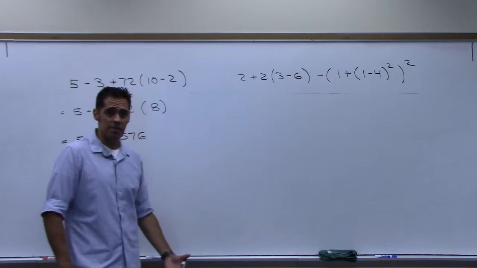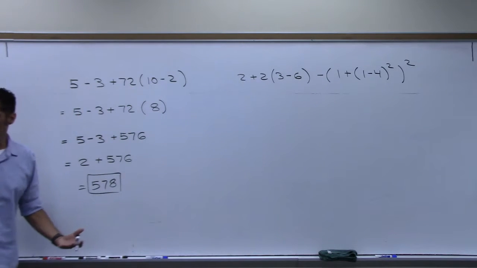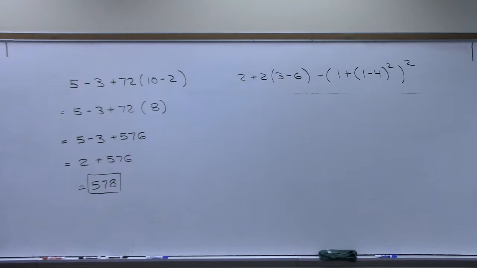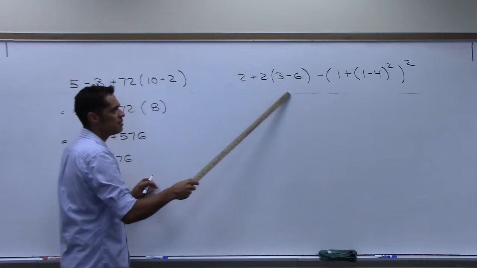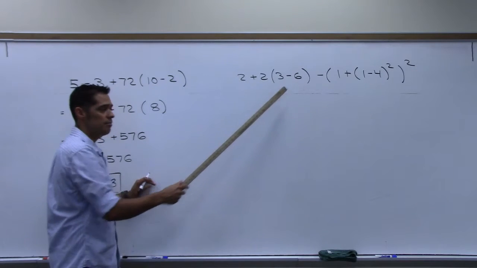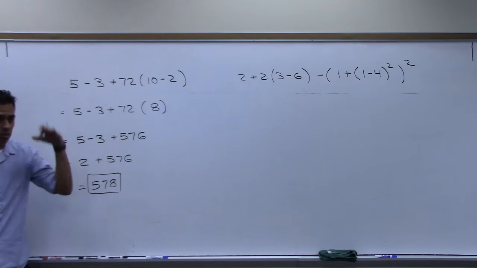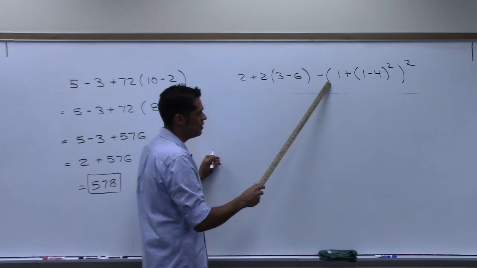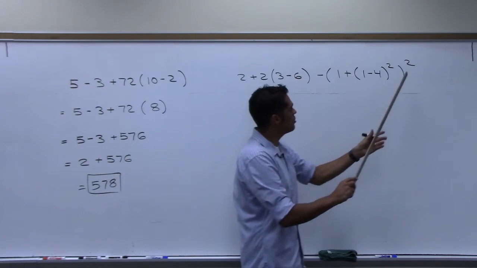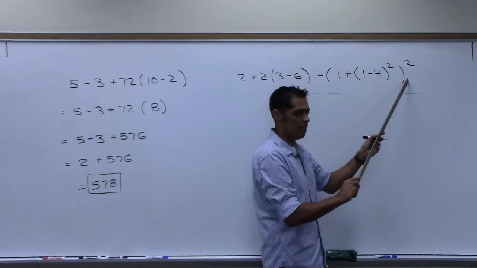We start out with parentheses. There are several parentheses in here, right? If you have a parentheses like this, where it's by itself, then that qualifies as something you need to do first. But you also have this parentheses, and it opens here, and it actually closes right here on the back side.